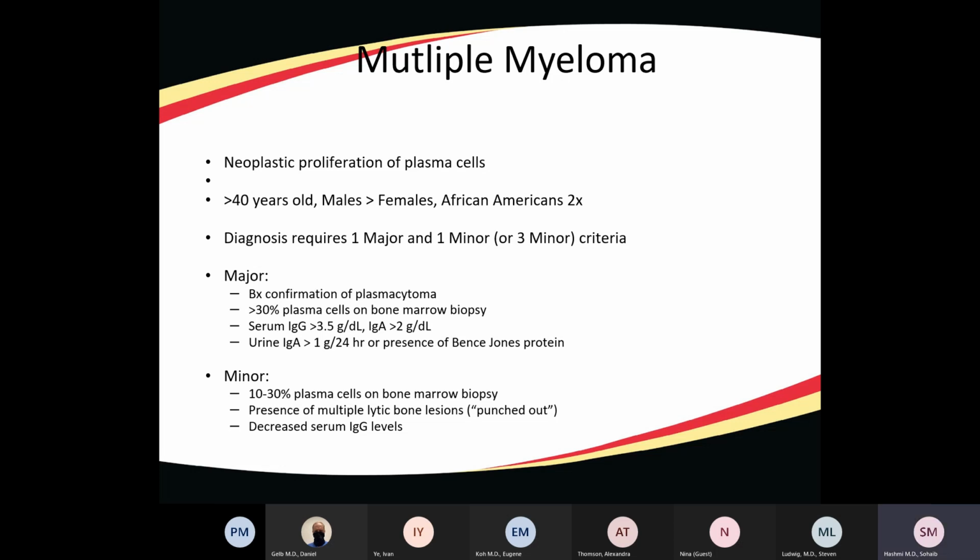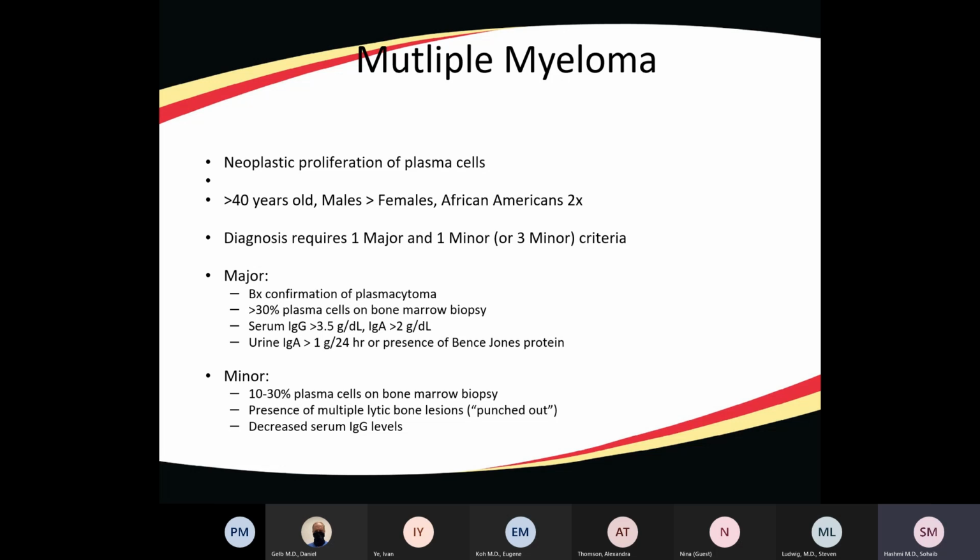Major criteria would be confirmation with a biopsy, more than 30% plasma cells on the biopsy, serum IgG of more than 3.5, IgA more than 2, and then also the urine IgA of more than 1, or Bence Jones proteins. So those diagnostic features are what we typically will order for these patients as they're undergoing a workup.